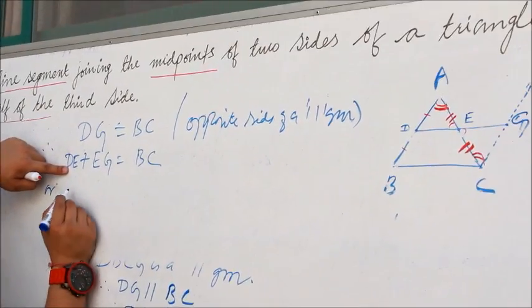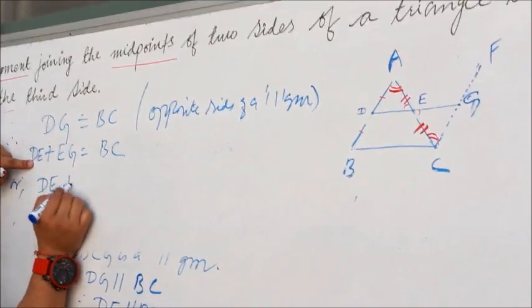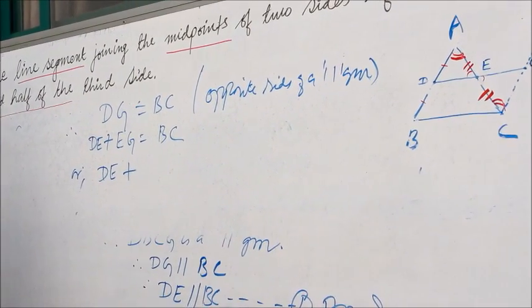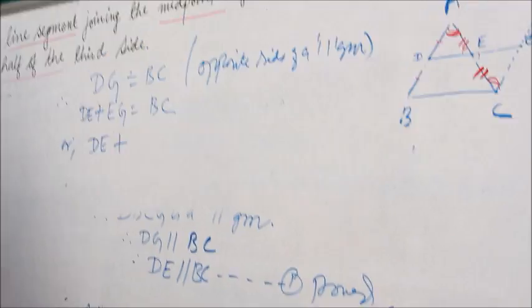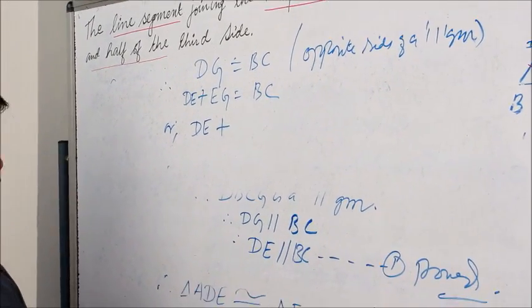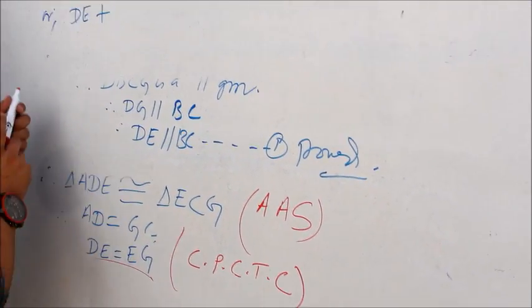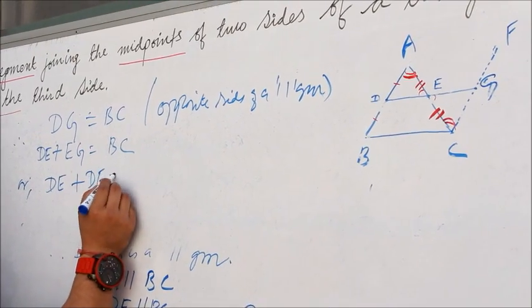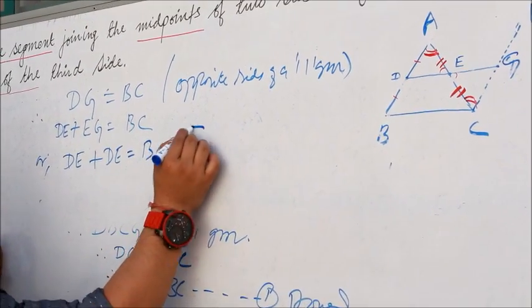Let DE remain as DE. What is the meaning of EG? We have already proved before that EG equals DE. So in place of EG you can write DE, and DE plus DE is equal to BC.